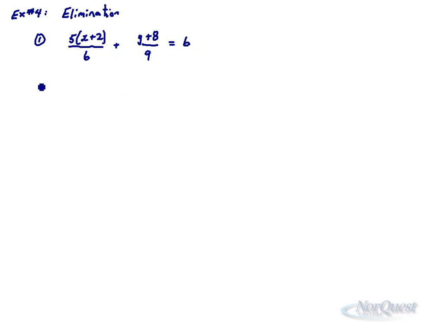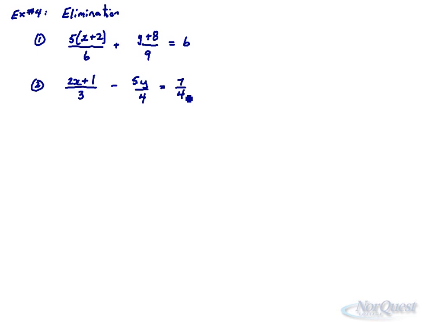There's equation 1. Equation 2 will be (2x plus 1) over 3 minus 5y over 4 equal to 7 over 4. Now this would be worst case scenario for this course. If you can solve this type of system, you could do any kind of question.